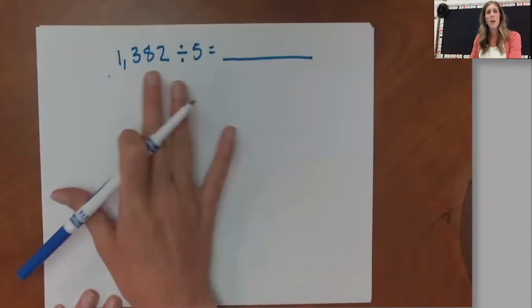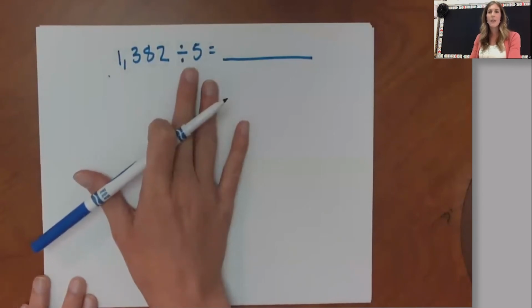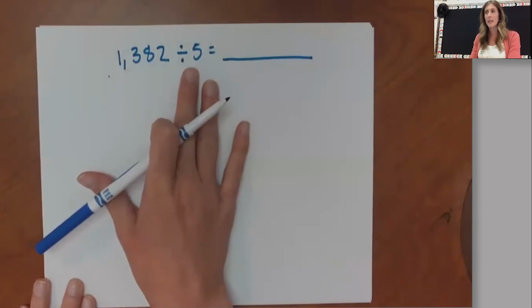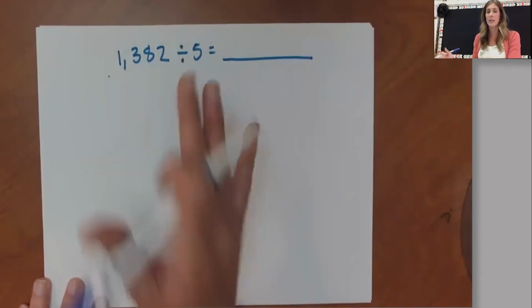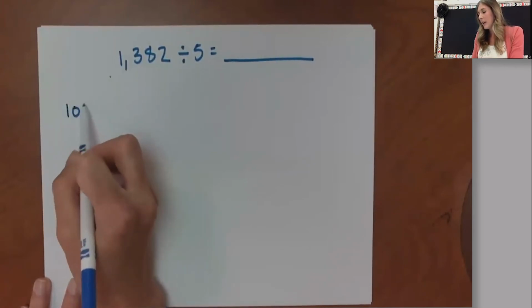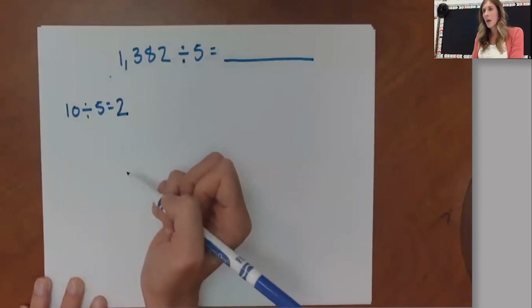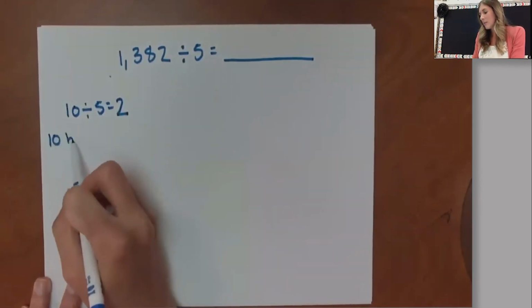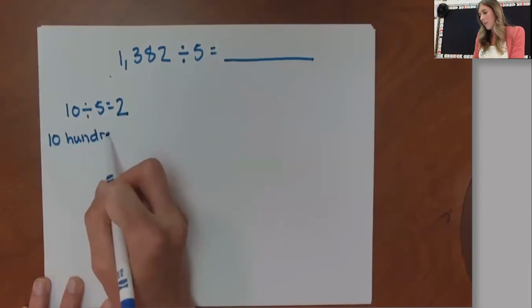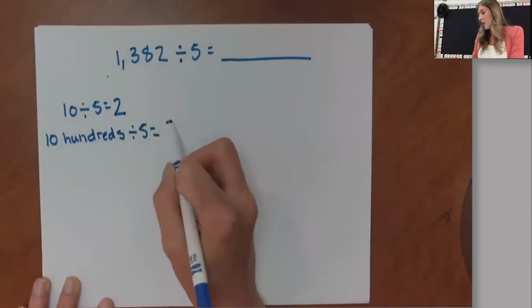So, what numbers divide easily by 5? 5, 10, 15, 20. I know 10 divides easily by 5. So that means 10 hundreds would also divide easily by 5. So I know that 10 divided by 5 is 2. So that means 10 hundreds divided by 5 would be 2 hundreds.